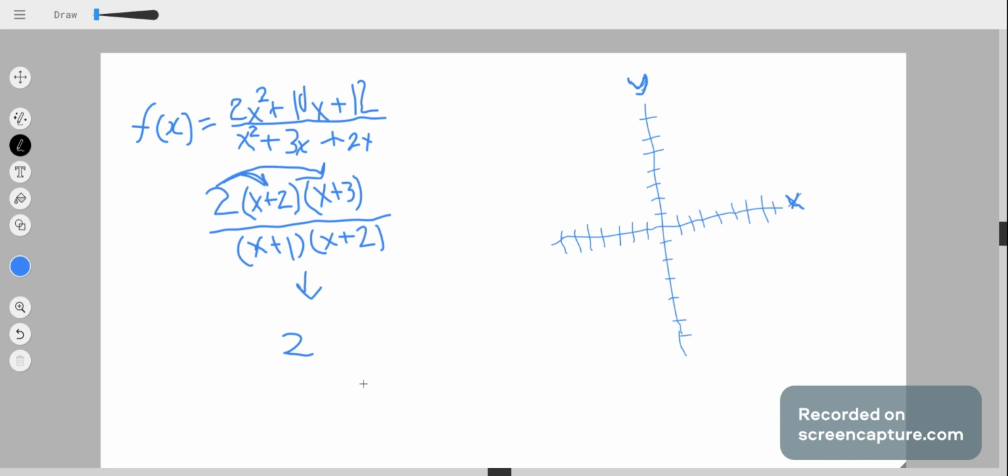Okay, so you're gonna get 2, 2, and then, no. You're gonna get, just going into all of this, 2x plus, oh gosh, plus 6, over x over 1. Boom. My brain did the math.